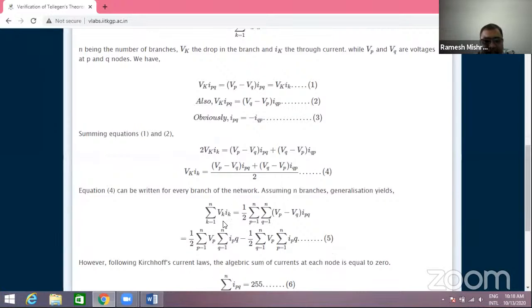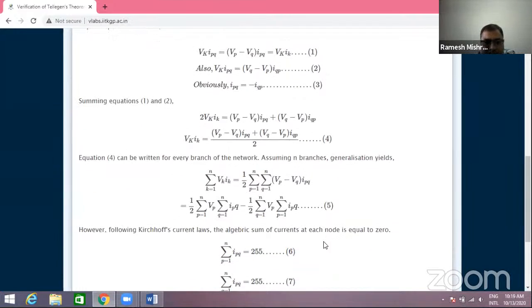Here we can write it in this manner. This value can be changed like this: summation of Vp from 1 to n and summation of Ipq from 1 to n, minus half of the summation of Vq and the summation over p from 1 to n of Ipq.